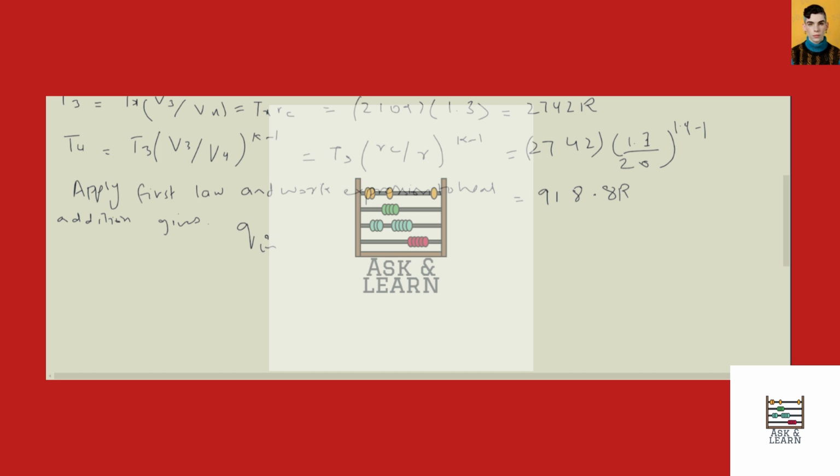Now we will find Qin, which is equal to Cv into (Tx minus T2) plus Cp (T3 minus Tx), which is equal to 0.171 into (2109 minus 1757) plus 0.240 into (2742 minus 2109).